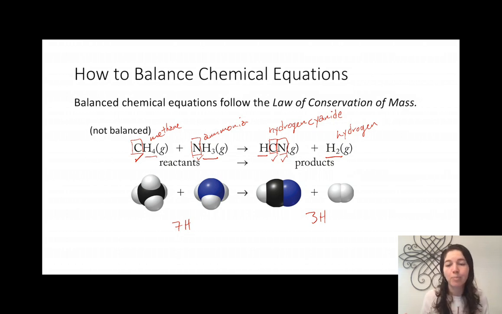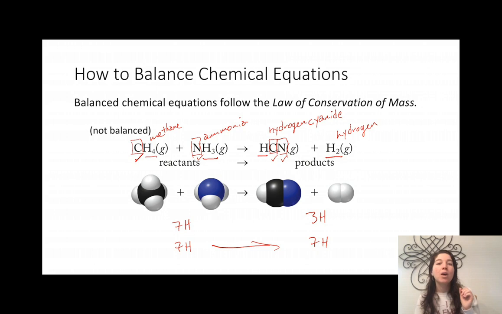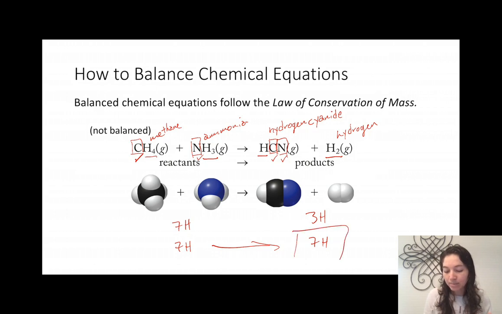They've gone somewhere. So what we can do in order to balance this equation is to make sure that there's 7 hydrogens on this side and there's 7 hydrogens on this side. We need that to happen. And so we can put in coefficients in order to show that more of these things are made on this side.